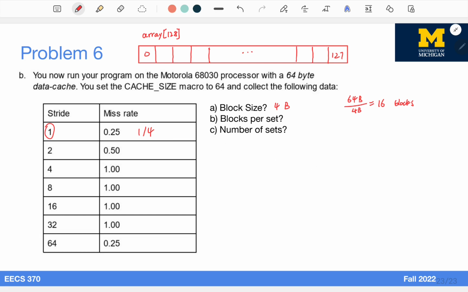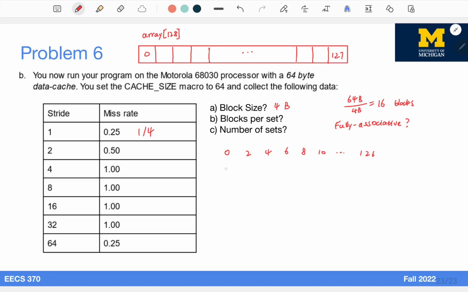Since we don't know anything about the cache, why not just assume first that it is a fully associative cache, and try to simulate our different strides using it to see if the miss rate is consistent with our simulation. So first, when stride equals 2, similar to part A, we'll access 0, 2, 4, 6, 8, 10, and so on, until 126 in the first inner loop.